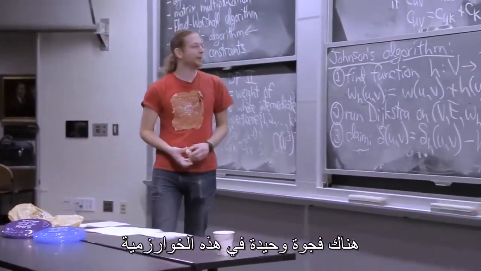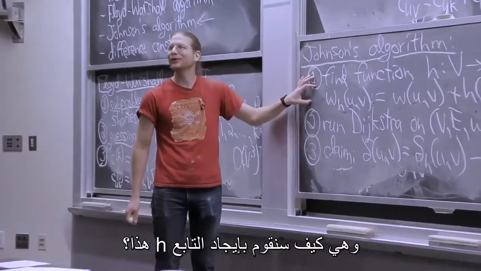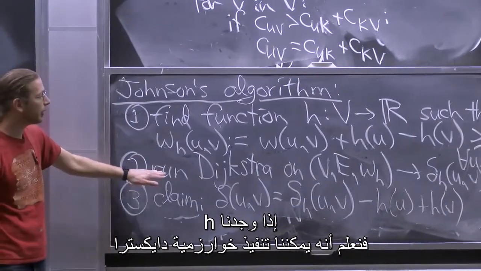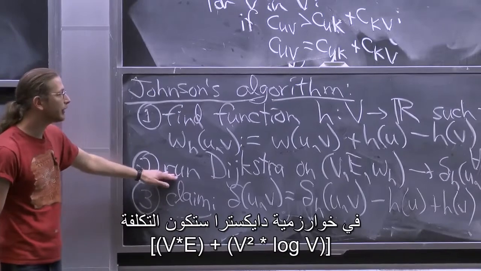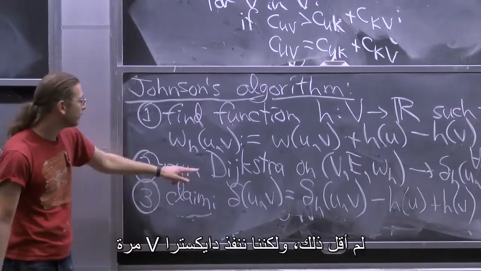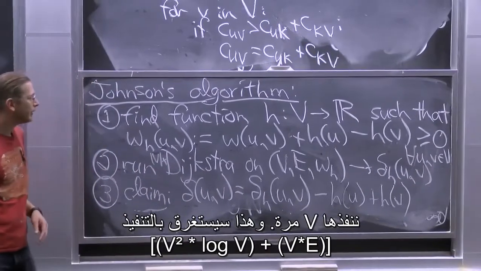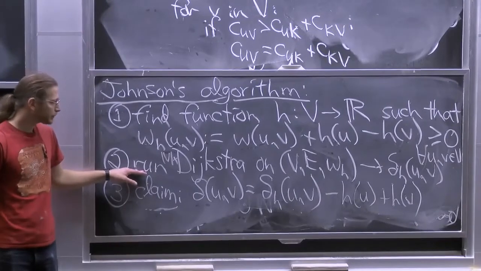There's one gaping problem with this algorithm, which is how in the world do you find this h? If we could find h, then we know we can run Dijkstra and we can do this thing. And Dijkstra is going to cost VE plus V squared log V. I didn't say it, but we run Dijkstra V times. That's going to take V squared log V plus VE to do.